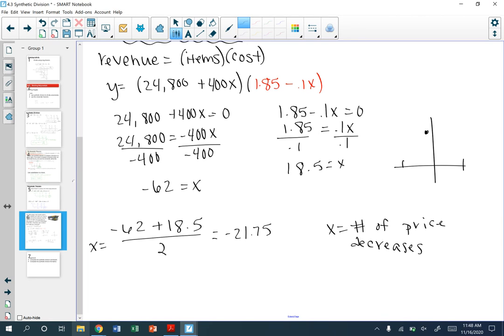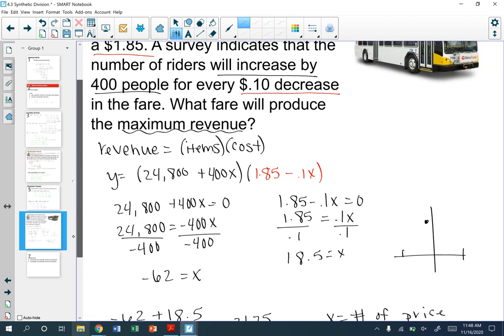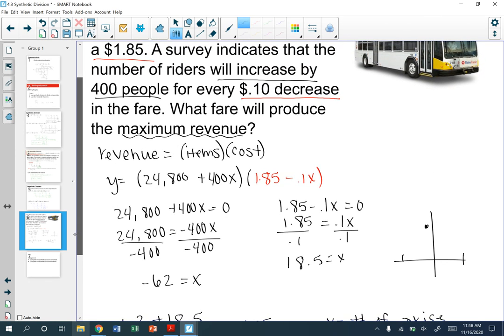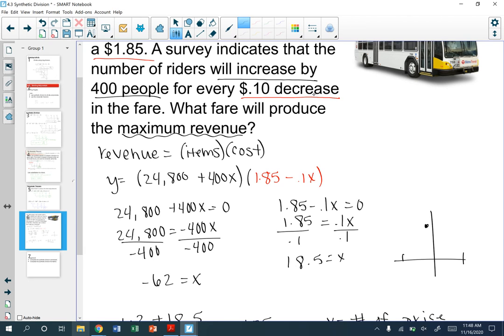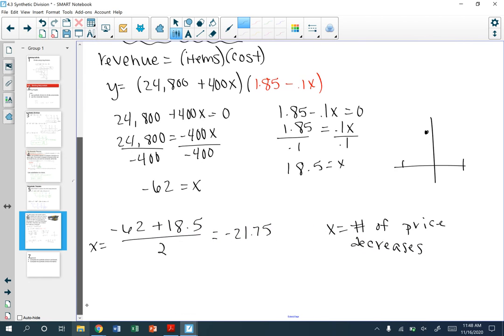We're decreasing the price negative 21 times. Well, that means we are increasing the price, right? We're going to increase 21.75 times. So it would be most beneficial to not do price decreases and gain people, but rather increase the price, and we take the risk of losing some people.